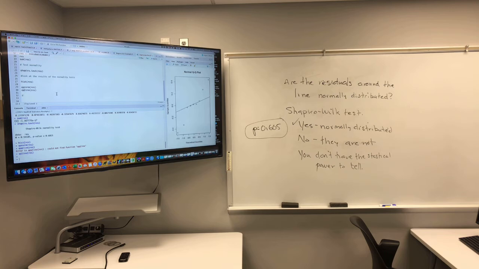Yes, that is how we would do it in an ANOVA. Unfortunately, a Levene's test is just an analysis of variance on the deviations from the means. And so we can't actually do that here because there are no treatments where we're comparing means. But within R, there is a thing called a non-constant variance test.